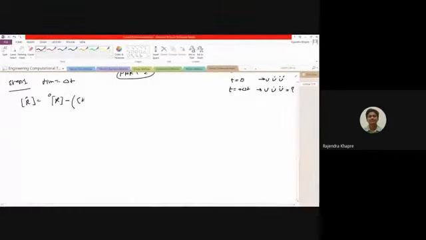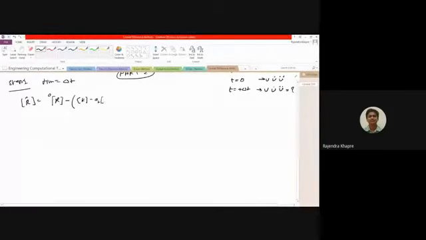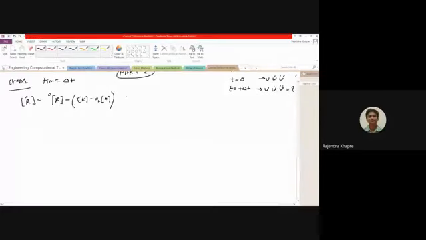This is your k matrix. Then minus a2 into the mass matrix, and this has to be multiplied by the displacement at t is equal to 0, that is u at t is equal to 0.